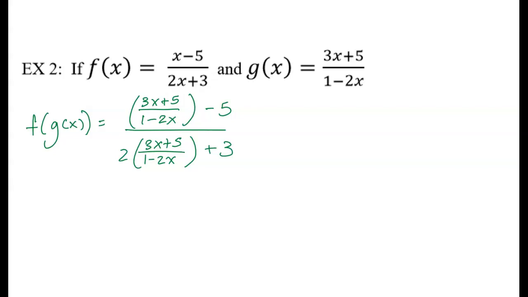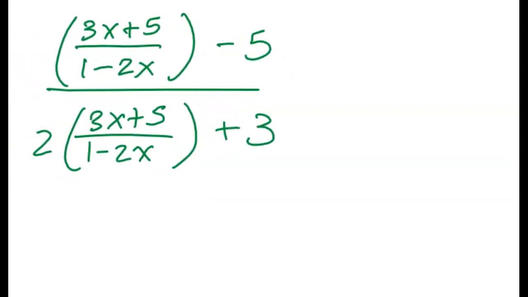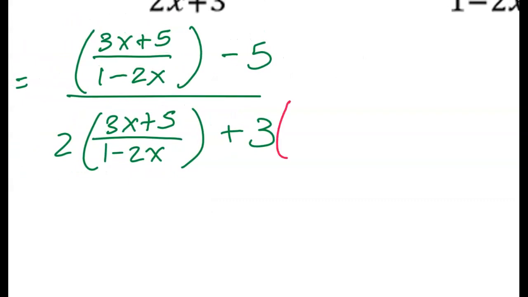So I'm going to multiply this 3 by something that forces it to have the same denominator as the other fraction. So I'm going to multiply it by 1 minus 2x over 1 minus 2x. I have to do this crazy fraction because I can only multiply by something that's equivalent to 1. And I'm not changing the value of the 3. I'm just multiplying by 1.